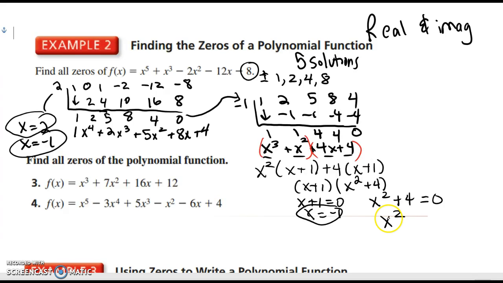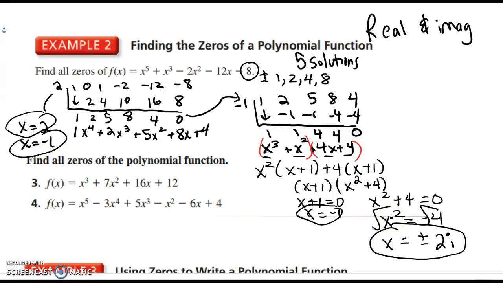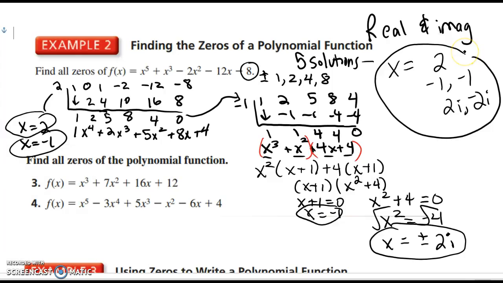Solving this equation here, I'm going to subtract 4, then take the square root, and the square root gives me a positive or a negative, and the square root of -4 is 2i. So my other solutions are plus 2i and minus 2i. So my 5 solutions, I'm going to repeat, are 2, -1, -1, 2i, and -2i. So there's my 5 solutions.